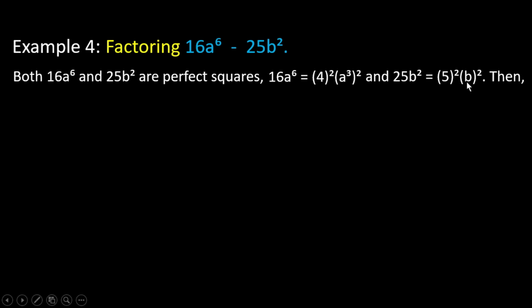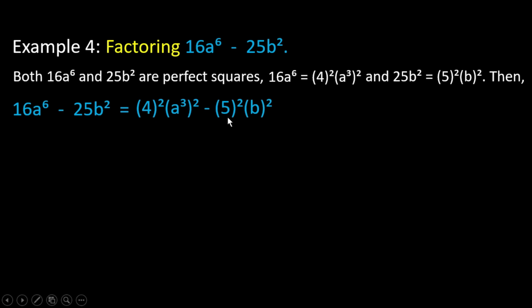Diba? b times b is b squared. Okay? Then, 16a to the 6 minus 25b squared can be rewritten as 4 squared a to the 3 squared minus 5 squared b squared. Okay?